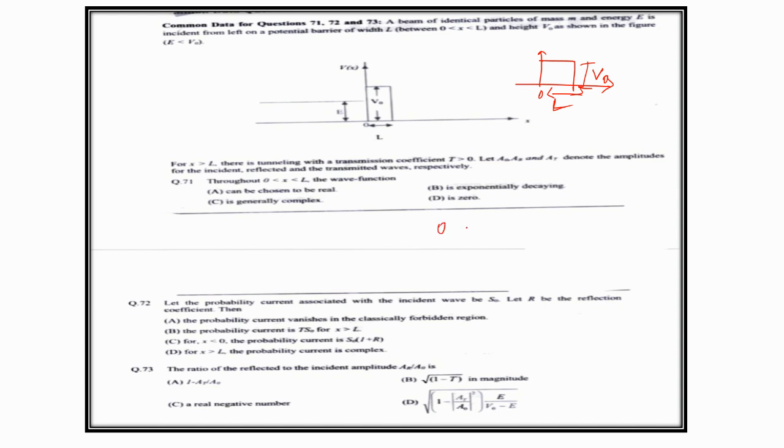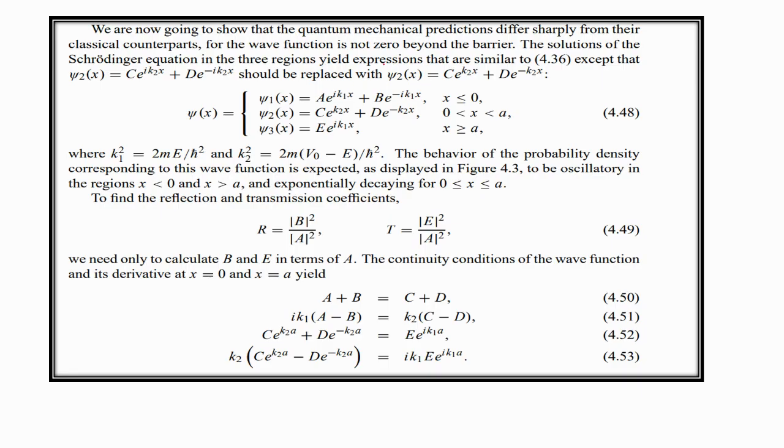Now for 0 to x to L, the wave function will be exponential. Yes, exponentially decaying. This is true, because if you apply Schrodinger equation in all three regions, in the first region you will get complex terms.